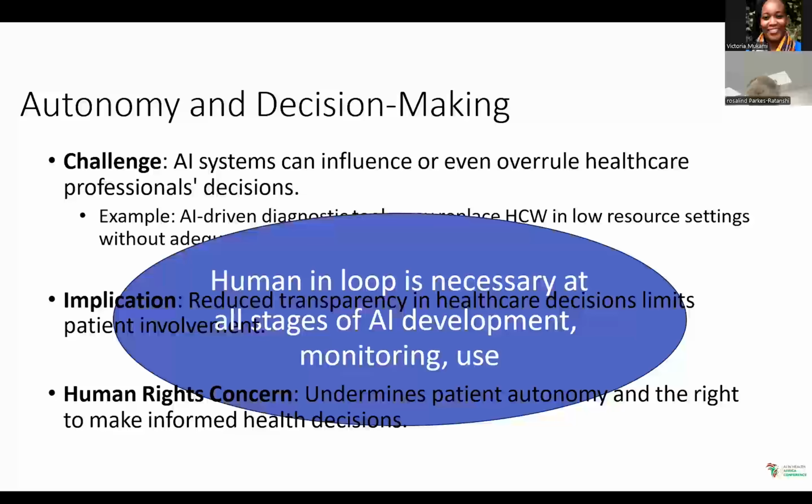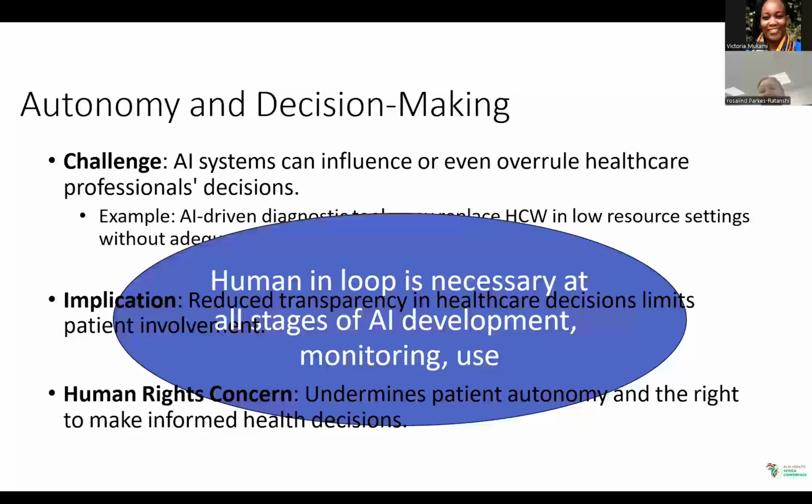Should the doctor in charge be the one who gets sued, or should it be the AI manufacturer? And who do people complain to? If people are very vulnerable, they may not be able to advocate for themselves.